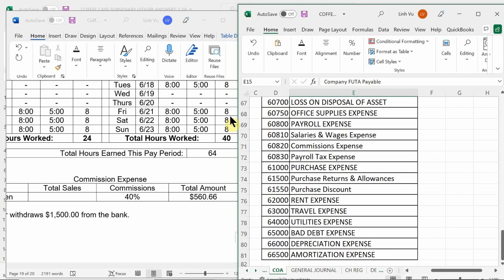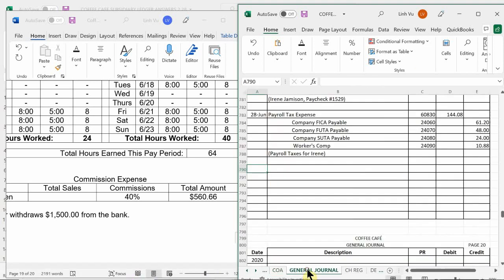That means that's what we're going to record, a commissions expense. Account number 6820.